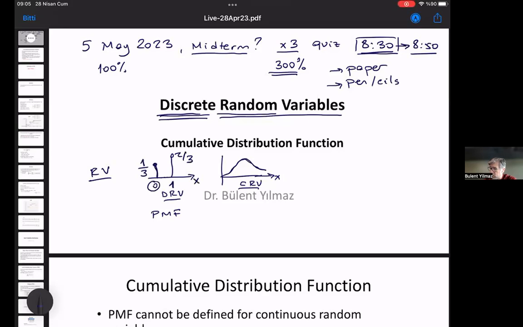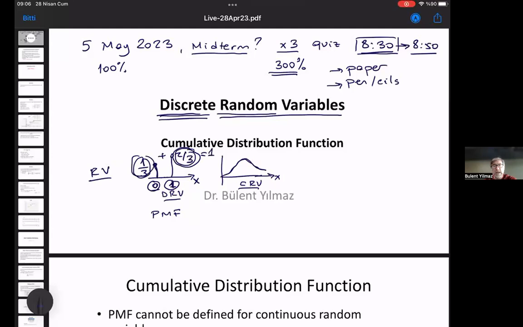My random variables are 0 and 1: pass, fail, female, male, success, failure, defective, non-defective. We will call them 0 and 1, and each random variable will have a probability, and the total probability of these two should be equal to 1.